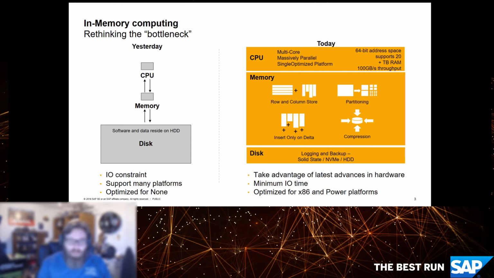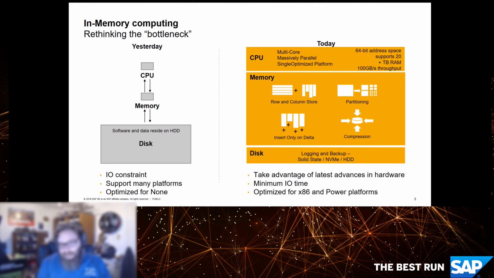So what we saw there is that you have all your data and it resides on disk, generally hard disk, spinning platters, magnetic media, maybe solid state, SSD was a little bit faster, but for the most part, in order to process any data inside of a database, the data had to be copied first into memory, and then the CPU could access it from memory, and you're almost totally I/O constrained, the input-output to and from the disk.